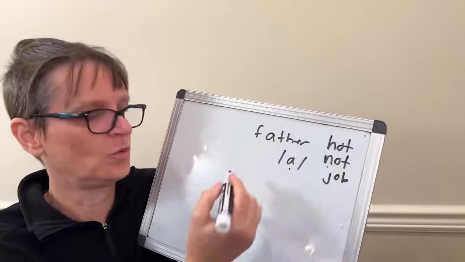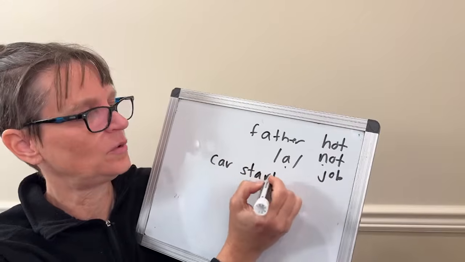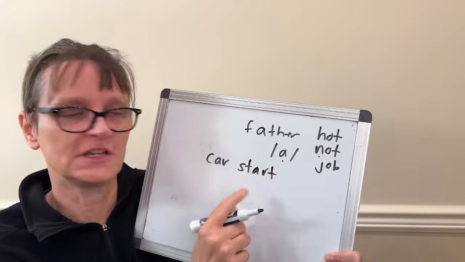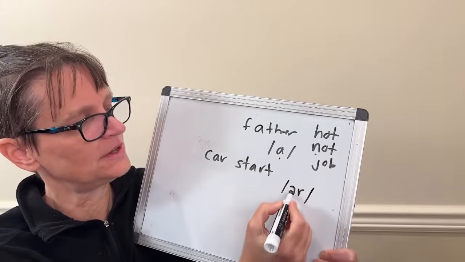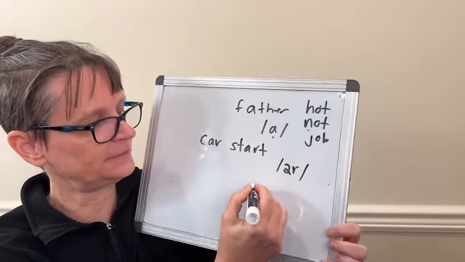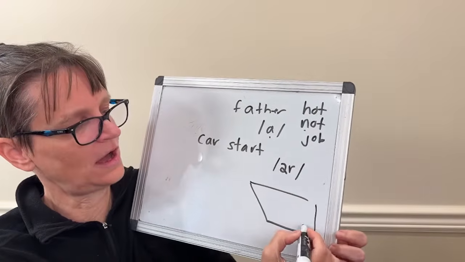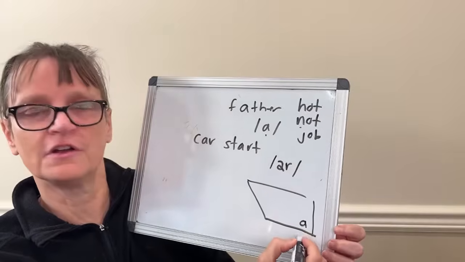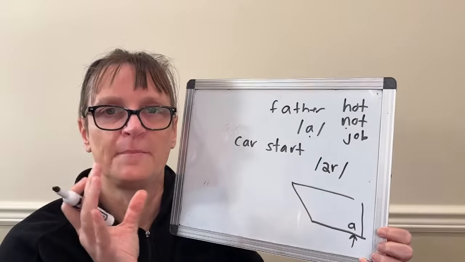In words like car or start, when we have the R diphthong, it's actually a slightly different "ah" sound. If we look at the vowel quadrangle, the "ah" in father and not in hot is a little bit of a back sound.